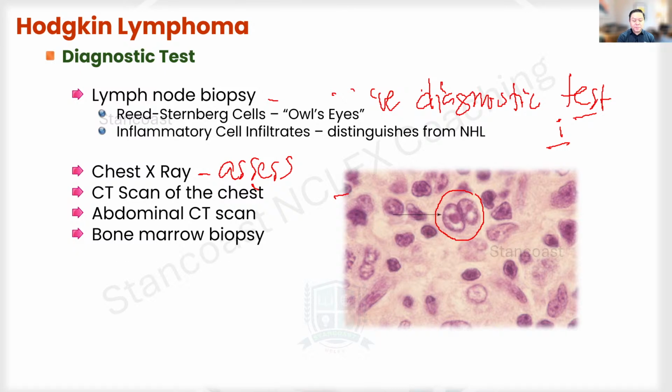Now, another is the bone marrow biopsy. So what is this? Well, basically, the doctor will have to determine if the bone marrow is involved by the Hodgkin lymphoma.